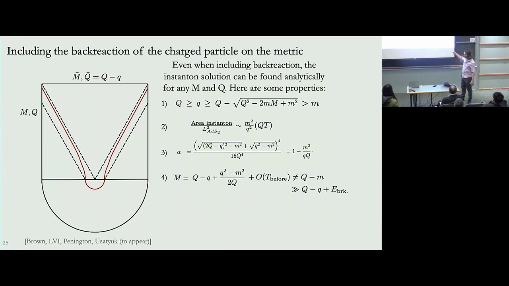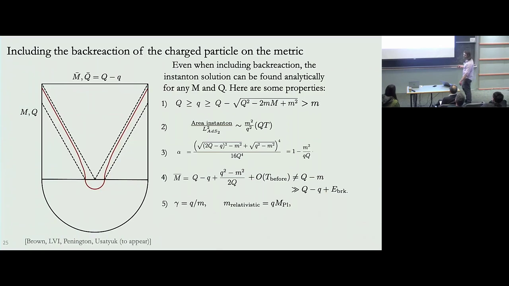But the answer turns out to be much different than this, exactly because, you can see here, m is very different than q. It's almost as if we emitted a particle that doesn't take us away from extremality. It only takes us very slightly away.